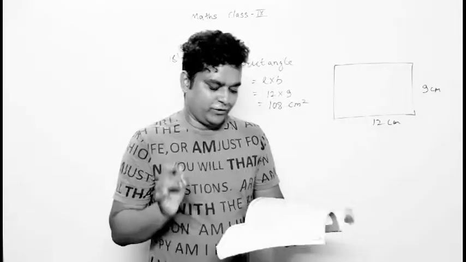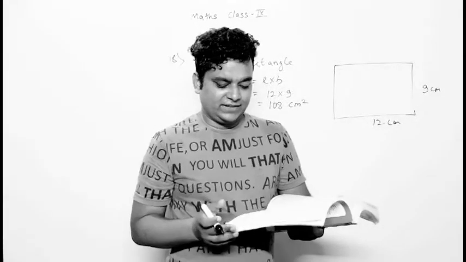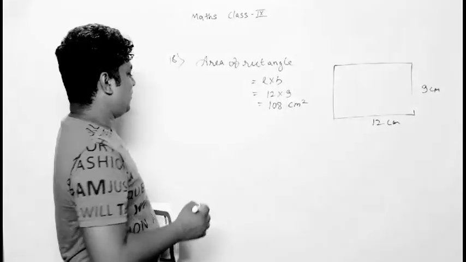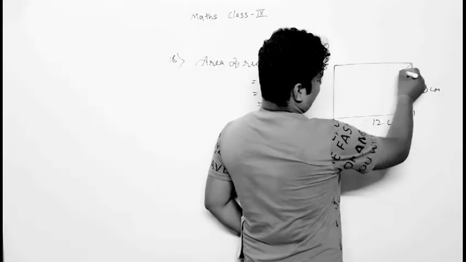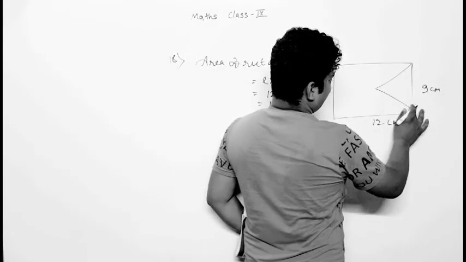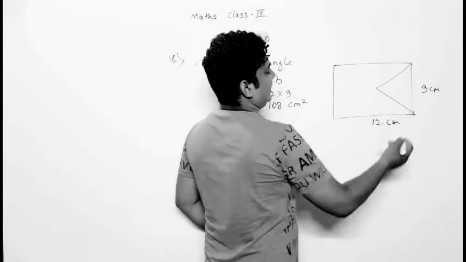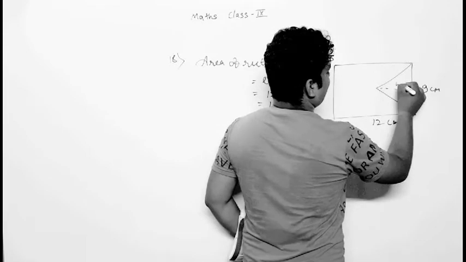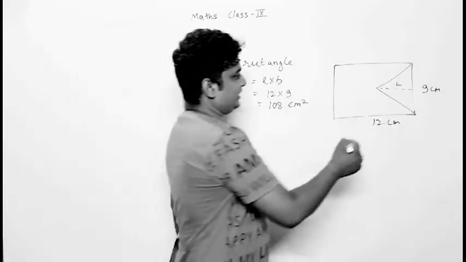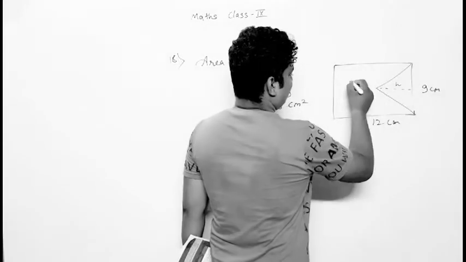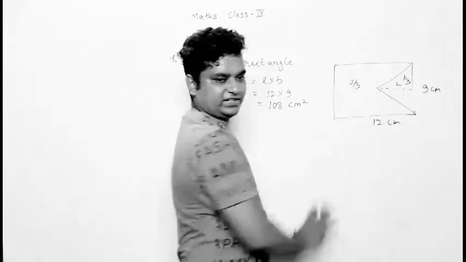Second part, we need to find the height of the triangle whose base is given as 9 and whose area is 1/3. I am drawing one triangle here. Suppose the triangle is like this. The base of the triangle is this and this particular is the height h. Clear with this? We need to find h, and this triangle is 1/3 of the rectangle, so this is 2/3 part and this is 1/3 part.